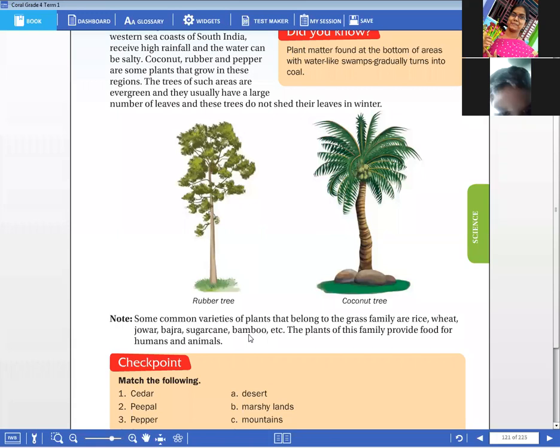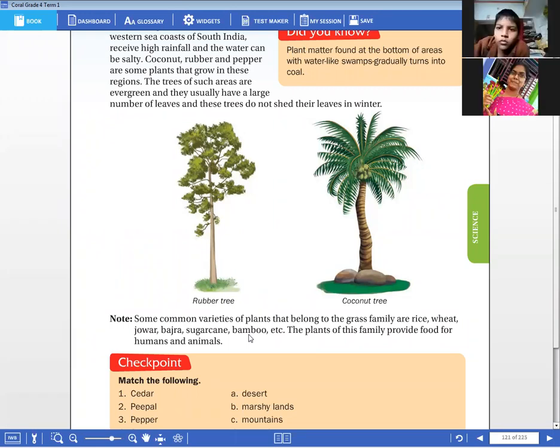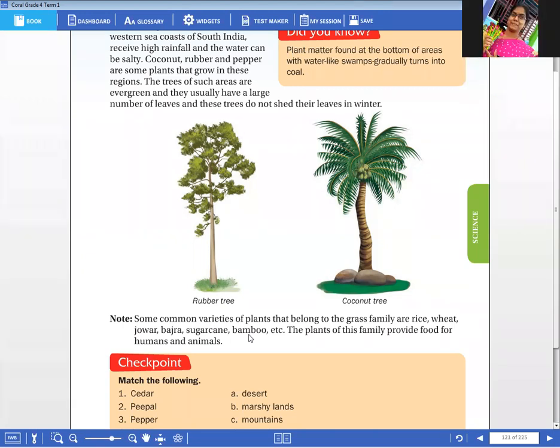The grass family is providing food for both humans and animals as well. Rice we eat. Wheat also we eat. Bajra we eat. From sugarcane we'll prepare sugar and jaggery. Bamboo is a food for animals. Most of the pandas, gorillas, chimpanzees will eat bamboo, and elephants too. It is a food for animals, children.